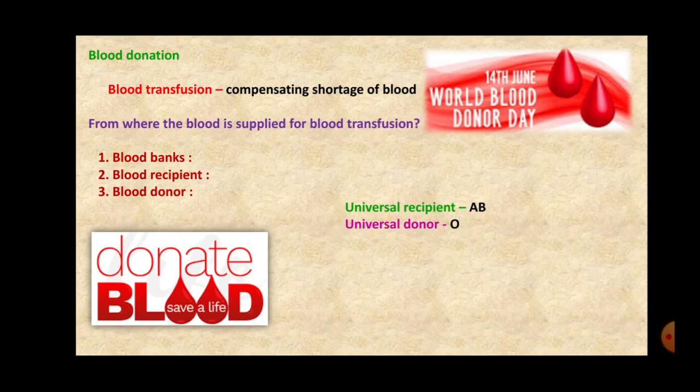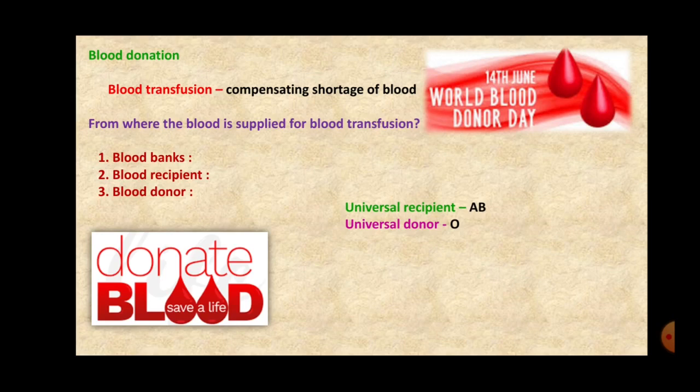Whereas the person who has blood group AB can receive blood from any blood group person, and the AB blood group is called the universal recipient. Now, when a blood transfusion is to be done, it is not that any person can receive blood from anyone, right?